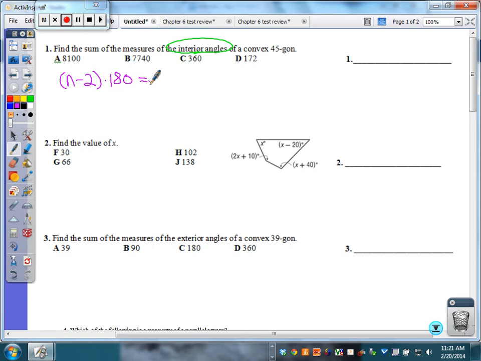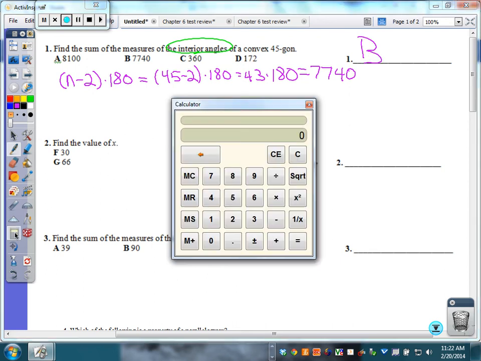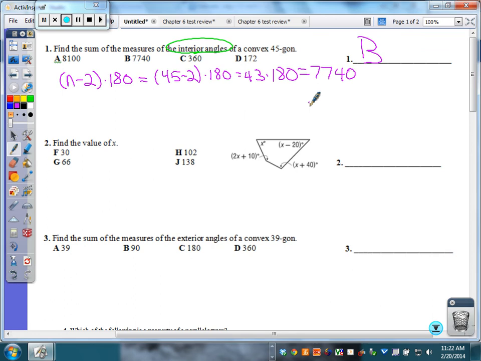In this case we have 45 minus 2 times 180, which gives us 43 times 180, which is 7,740. So the answer is B. Make sure that's correct. We have 43 times 180, and that gives me, yes, 7,740.